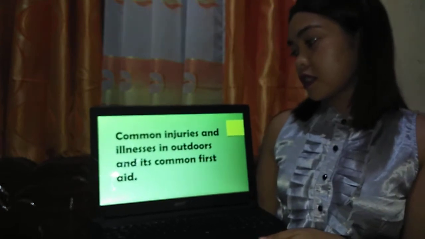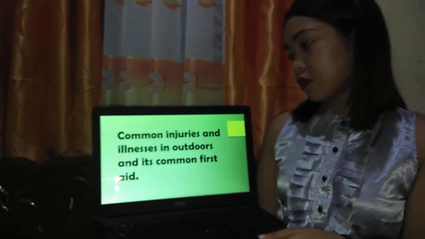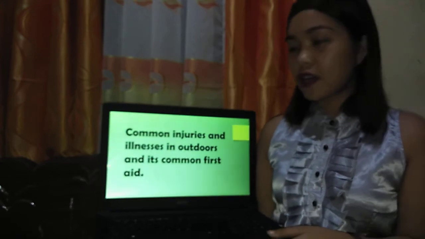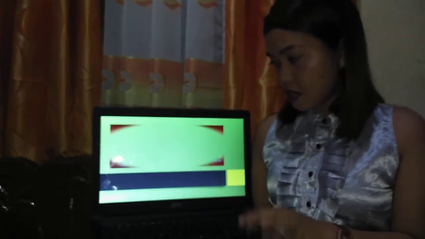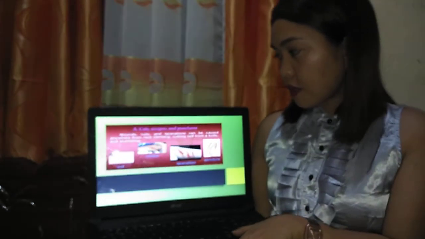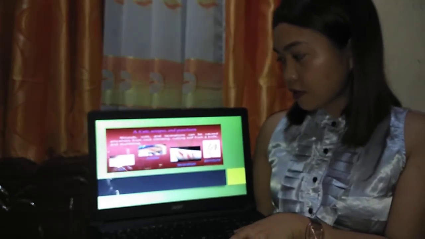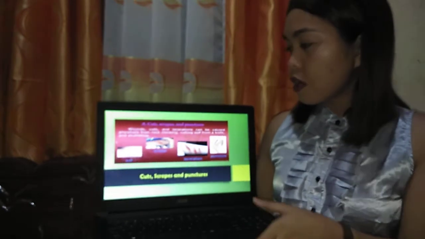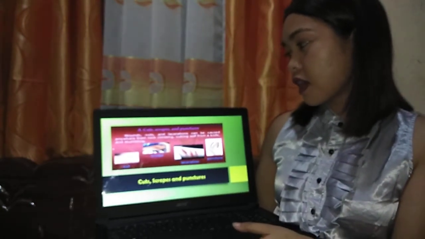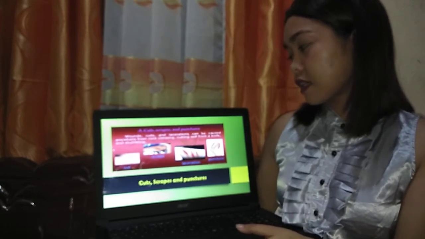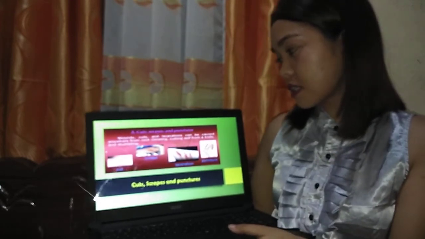So, common injuries and illness outdoors and their common first aid. Yun na, common injuries na pwede nating ma-encounter sa outdoor activities. Number 1 is cuts, scrapes, and punctures. Wounds, cuts, and lacerations can be caused anywhere from rock climbing, cutting oneself with a knife, or stumbling.